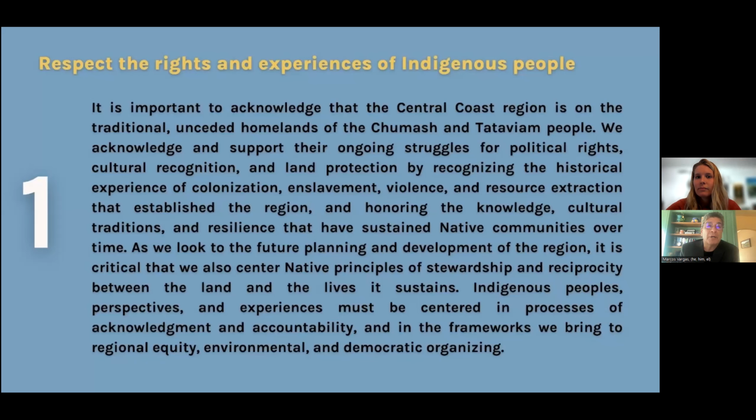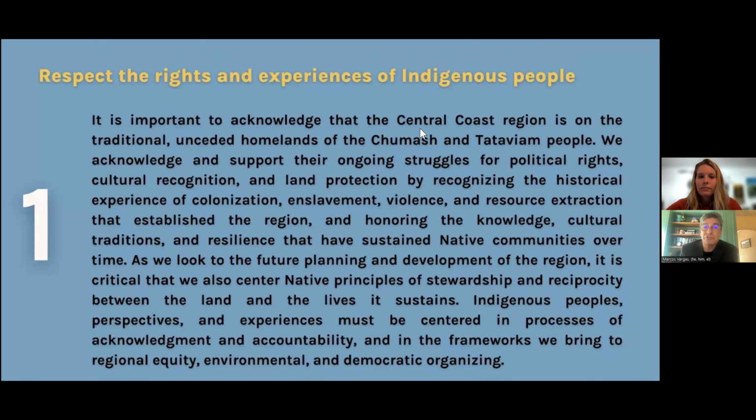Our first principle and priority is respect the rights and experiences of the indigenous peoples of this land. In this principle, we honor knowledge, cultural traditions, and resilience that has sustained our region's first peoples, the Chumash and Tataviam people, supporting their ongoing struggle for self-determination, while also drawing from native knowledge and worldview to inform our shared stewardship of the land and the interconnectedness of all life.